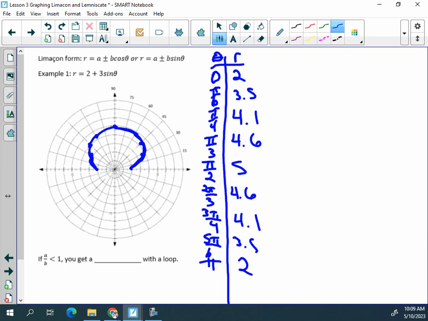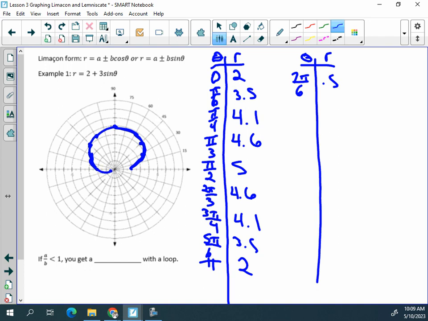Okay, then things change a little bit. So keep doing our t-chart. So let's talk about 7 pi over 6. So the sine of 7 pi over 6 is negative 1/2, times 3 is negative 3/2, plus 2. That's going to get us 1/2, or 0.5. So 7 pi over 6, we're at 0.5, which is right here.